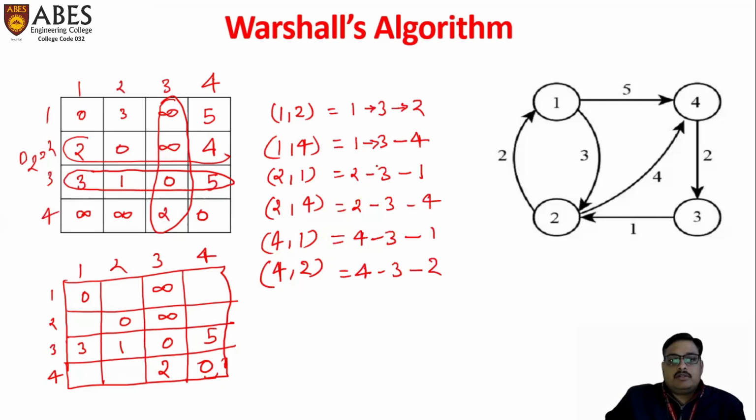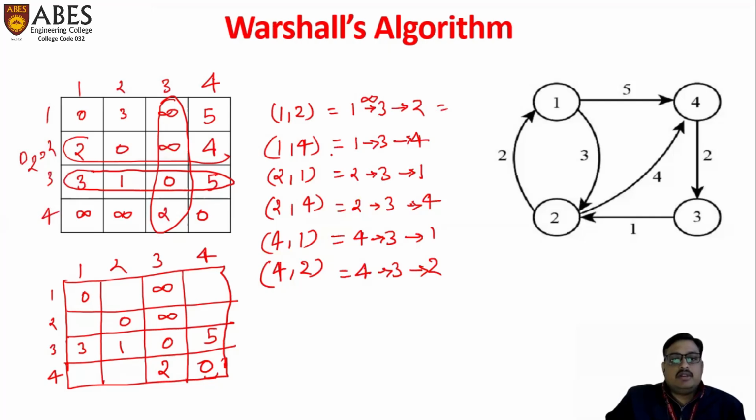Let us compute these values. If the computed value is less than the existing value, we will definitely update the weight. For 1,3 we see it is infinity, so just write infinity. If this is infinity, whatever the value of 3,2 is, that will be infinity.